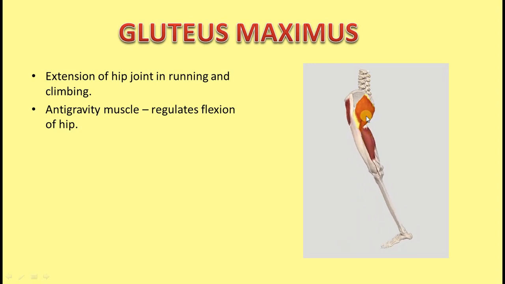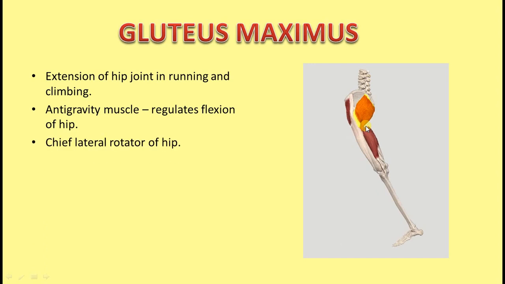It regulates the flexion of the hip mainly when you are sitting from the standing position. If you are going to sit from the standing position, naturally this muscle comes into action and regulates the flexion of the hip joint. This is called the paradoxical action of the gluteus maximus muscle. Not only that, since it is attached laterally, it is a powerful or chief lateral rotator of the hip.